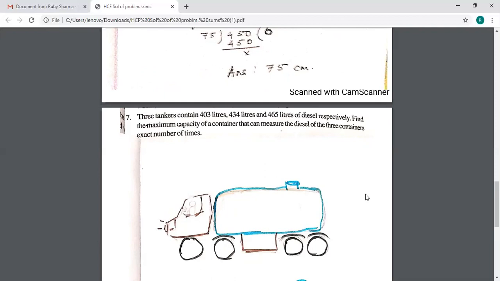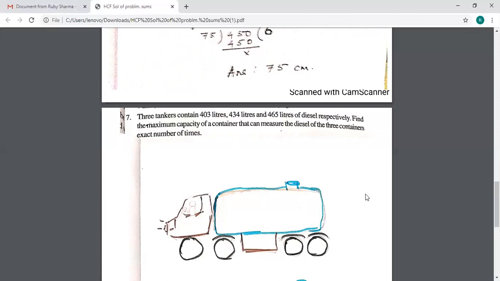But here, since we want the maximum capacity of that container, which will measure the diesel in the three tankers an exact number of times so that nothing remains in the tanker, we have to find the HCF of the three numbers.